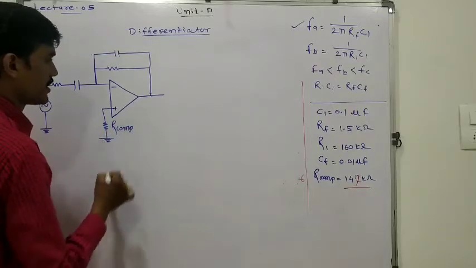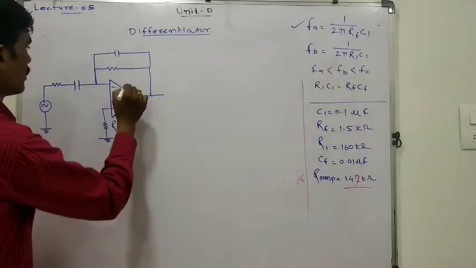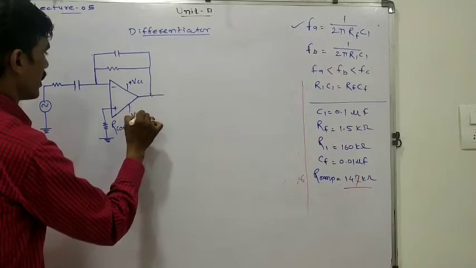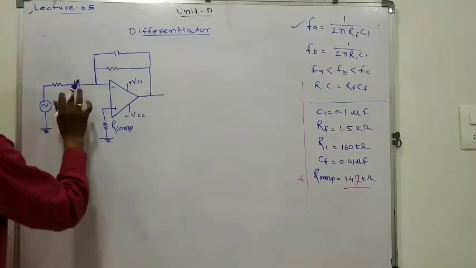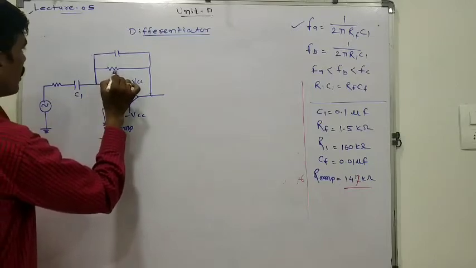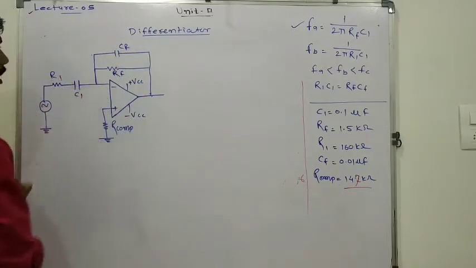This is R compensating. Plus VCC, this is minus VCC, then this must be C1, this is RF, this is CF, and this is R1.